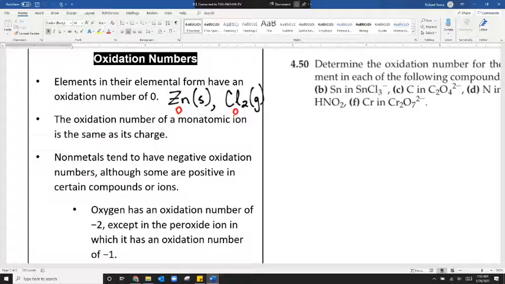All right, next one. The oxidation number of a monatomic ion is the same as its charge. So an example of this could be something like Zn2+. Its oxidation number is positive 2.